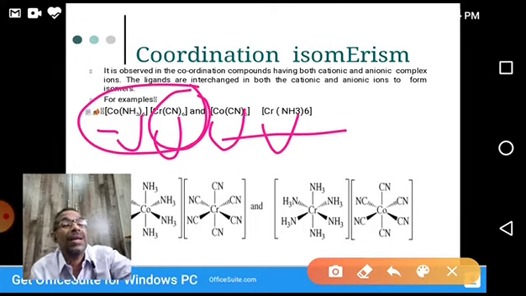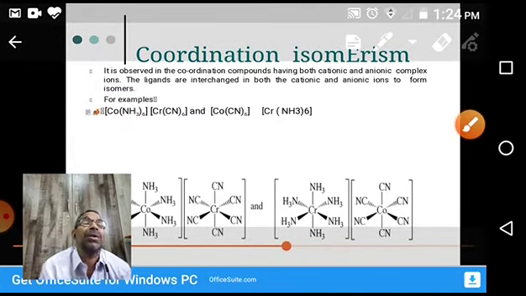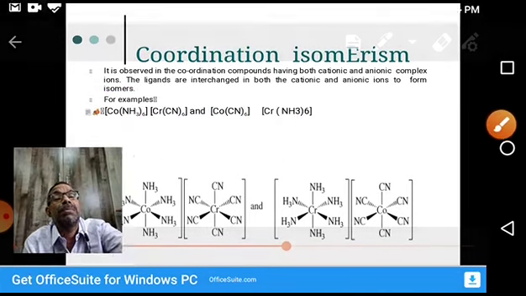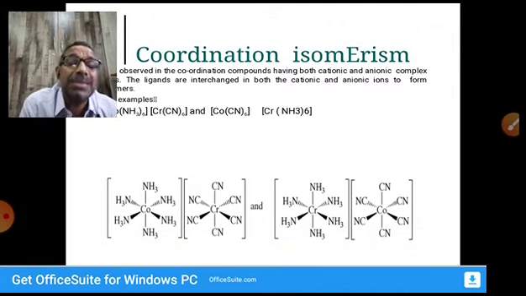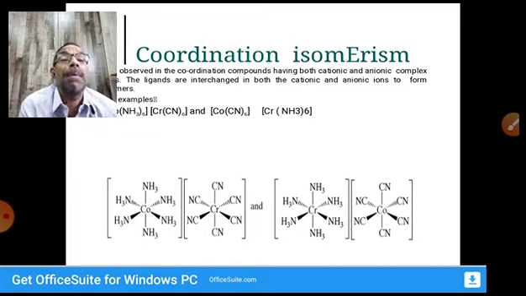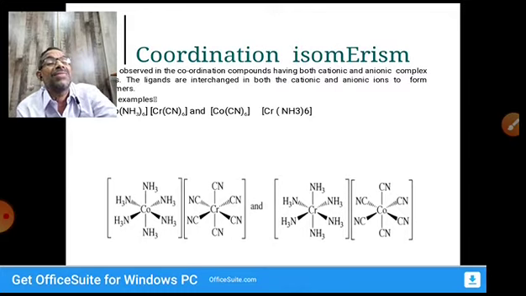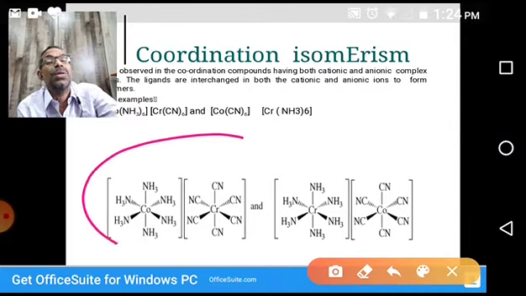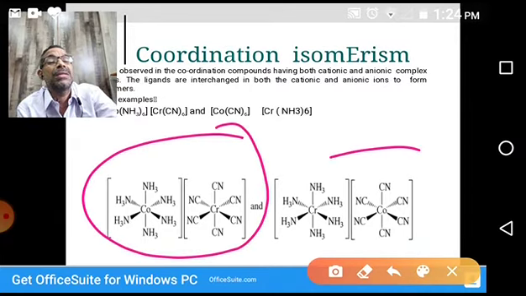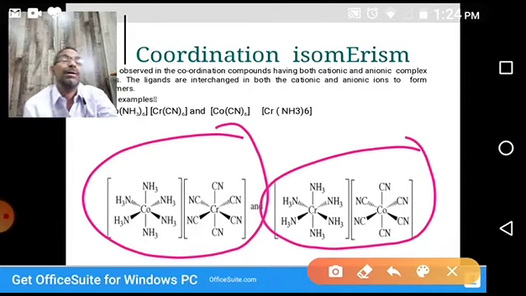So that's why we define coordination isomerism. Compounds having similar composition or molecular formula, but differences in properties due to differences in coordinating ligands with the same metal atom or ion. You can write it this way. This is one compound, this is the other compound of similar molecular formula.